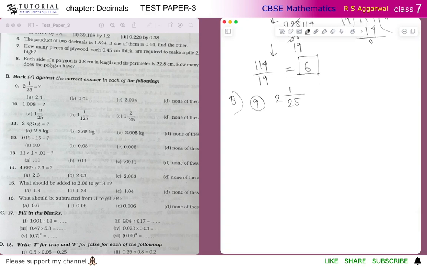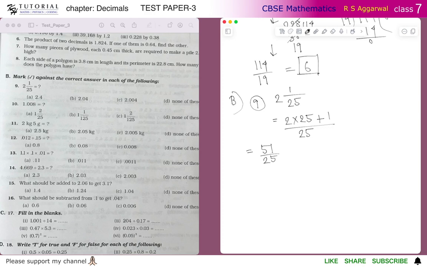So this is 2 into 25. You can do this in 2 ways. One is you just convert the mixed fraction into an improper fraction, like 2 into 25 plus 1 divided by 25. This will be 51 divided by 25.